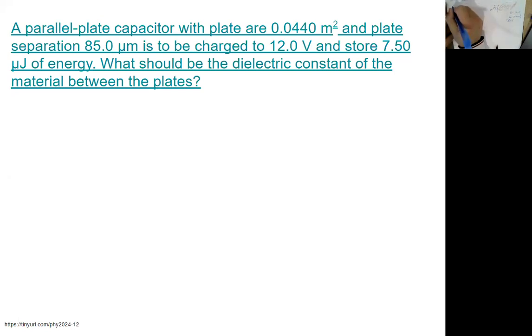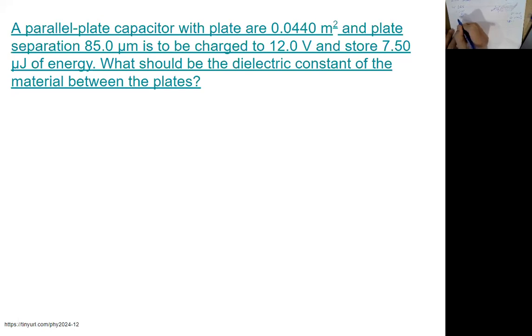So these are the equations you might want to consider. For energy stored, it's equal to either 1/2 of Q times V, or 1/2 of CV squared, or Q squared over 2C, okay?